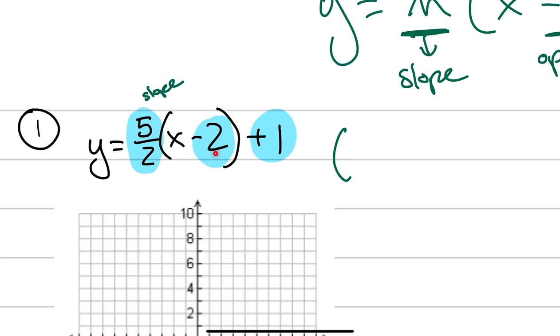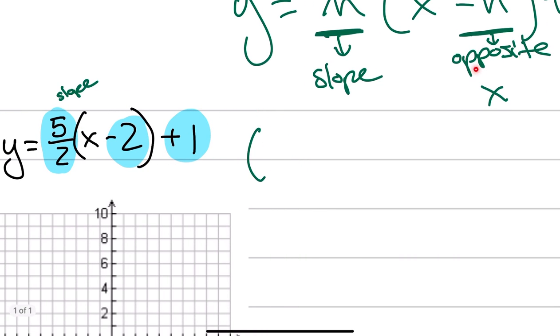This is our x value that we need. So negative 2, but we need to have the opposite. So instead of negative, I'm going to have positive 2 in here. And then we have positive 1, that's just going to stay the same. The only thing that needs to change is that first h or x value right here. This is the only one that needs to change.